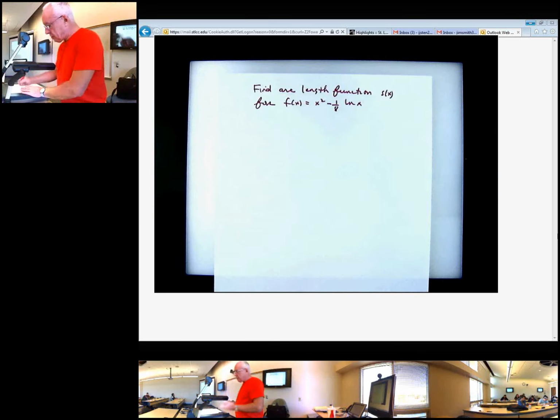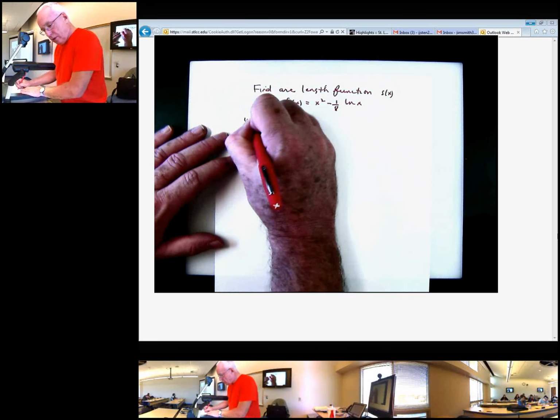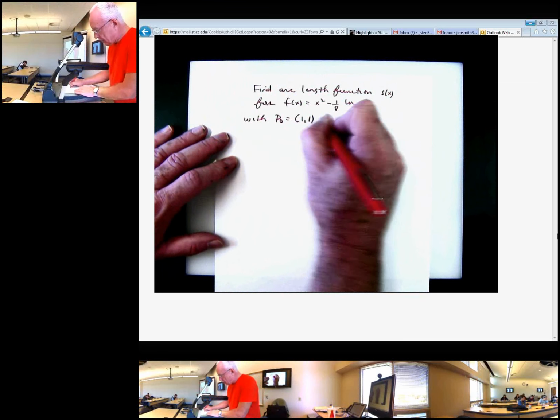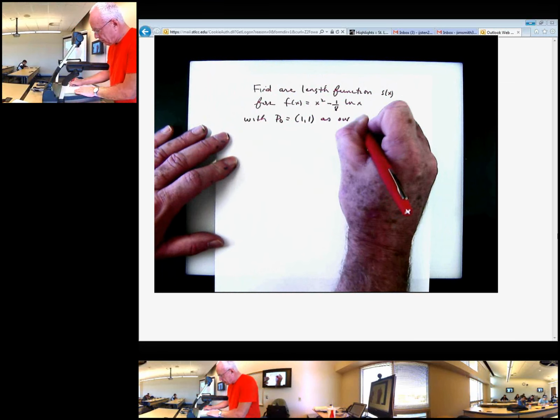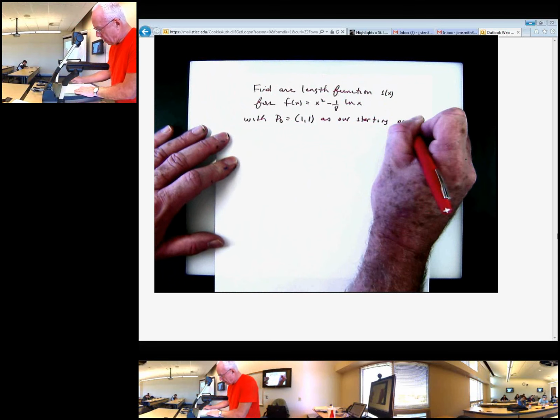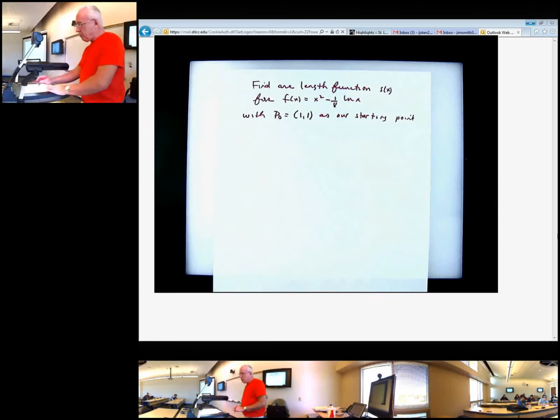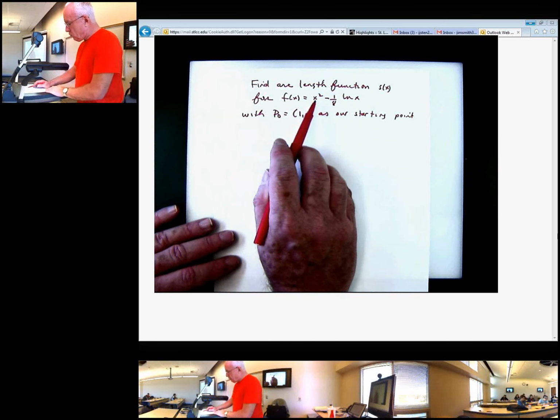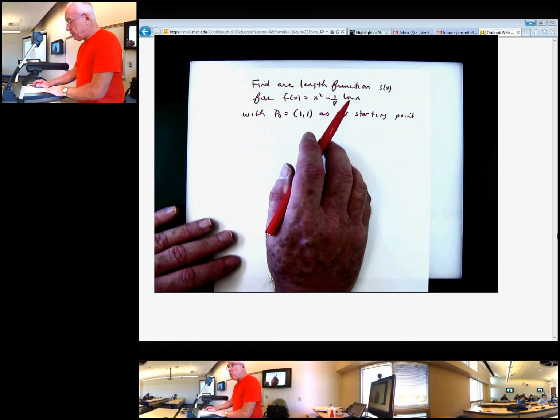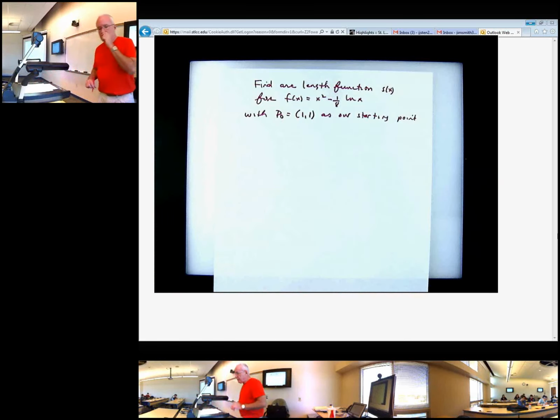And so I have to give a starting point with p naught equal to 1, 1 as our starting point. Okay. And of course you see when you plug in 1 here for x, we get 1 squared minus 1/8 times 0. ln of 1 is 0. So that is our starting point there.